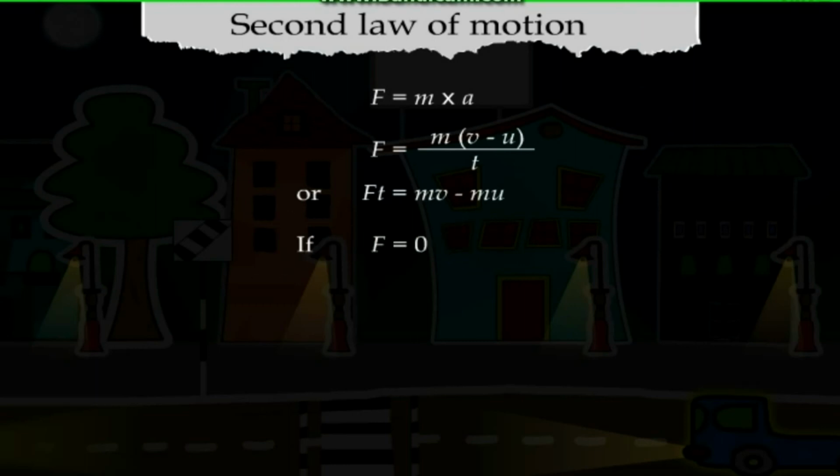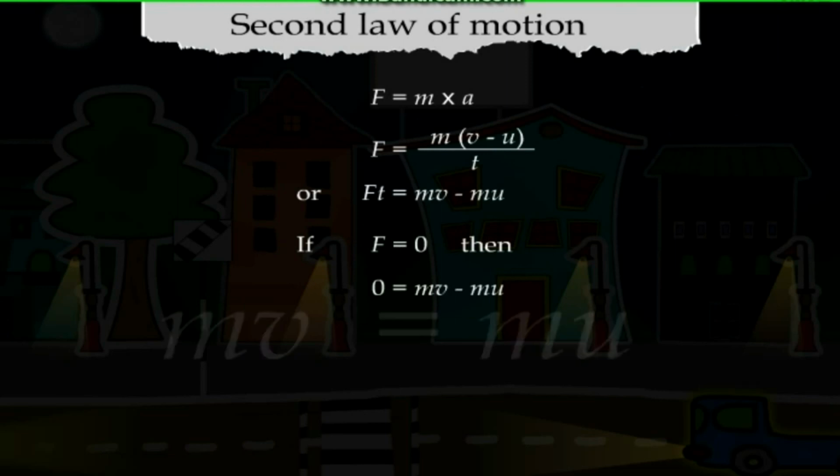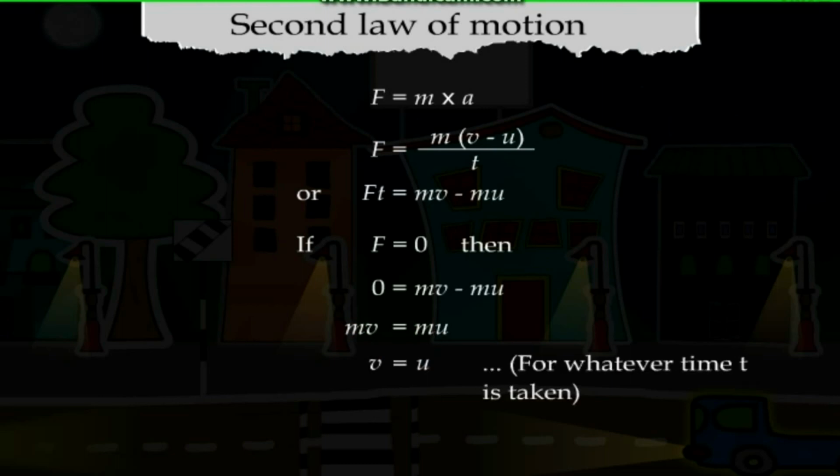If F is equal to 0, then 0 is equal to mv minus mu. Thus, mv is equal to mu. Cancelling m from both sides, we get v is equal to u for whatever time t is taken.